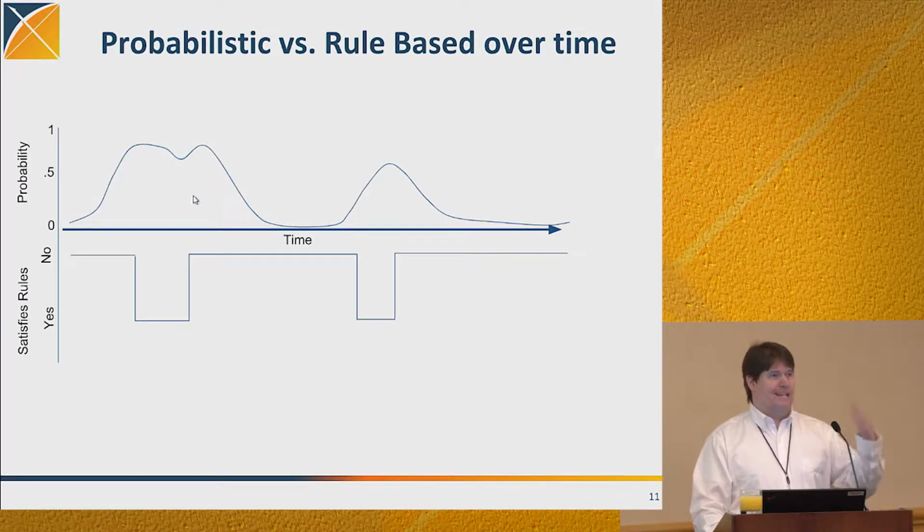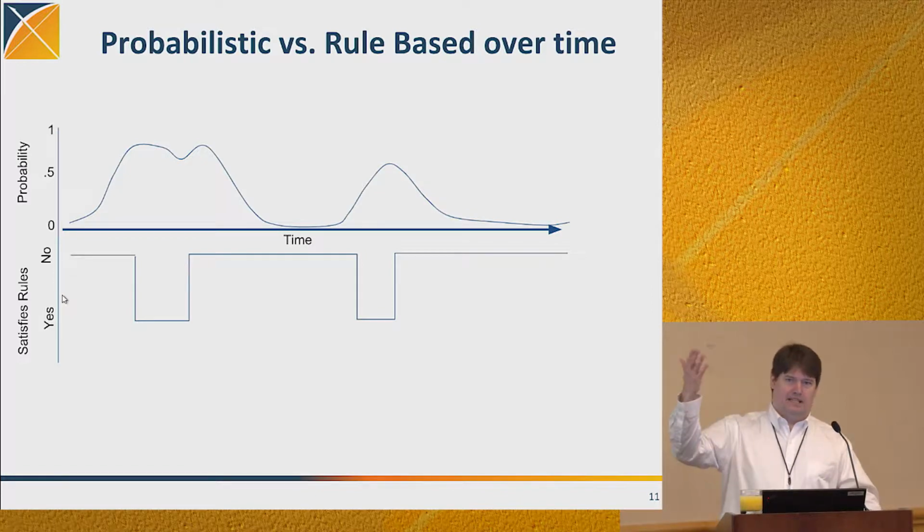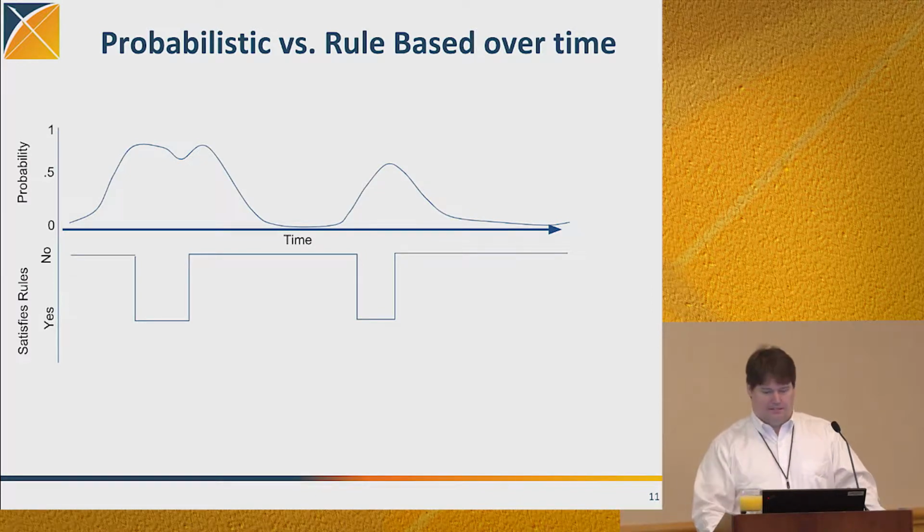This represents that change in the phenotype characteristics over time. With probabilistic phenotyping, it becomes like a curve, where the probability goes up and down and sways over time. With rule-based phenotyping, it's more that at a moment, you either are or are not, and it goes from yes to no, yes to no. So rule-based phenotyping is categorizing as yes or no, whereas probabilistic phenotyping is more about 50% likely, 75% likely, 95% likely.